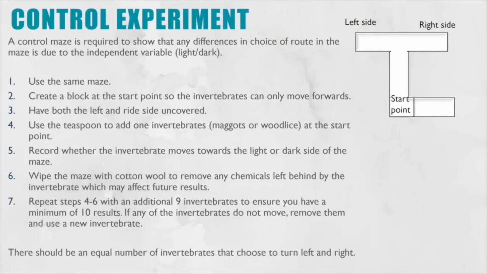And then after that, the method is exactly the same as it was before. And we would expect that we'll have an equal number of invertebrates going to the left and the right side because the conditions are the same. And this then proves that it is just the light and the dark that is causing any differences that we might see in the test maze.